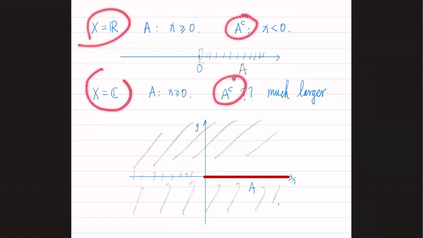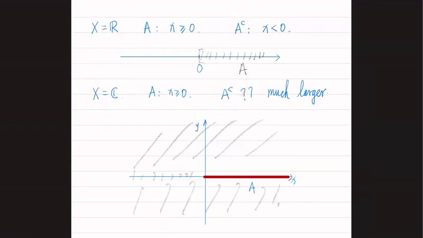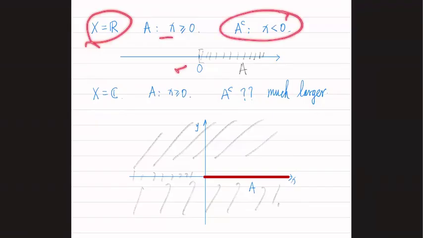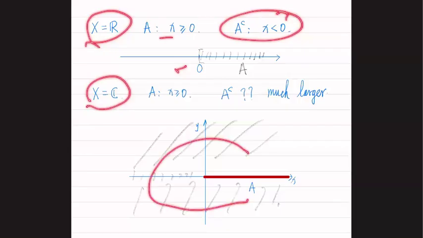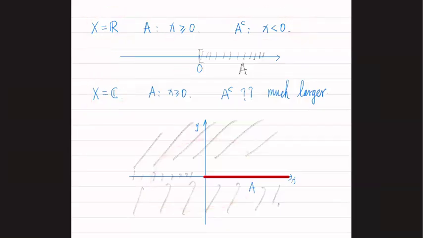What's the bigger set we're talking about? Are we talking about the real numbers? In this case, this is the complement. If we talk about complex numbers, then this will be the complement. So the complement depends on the whole set.